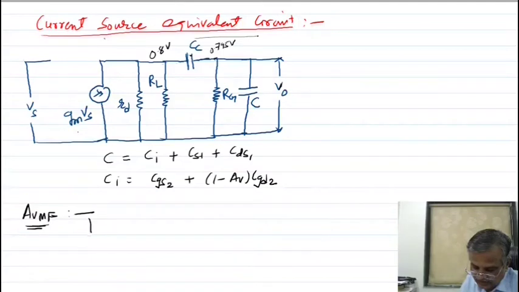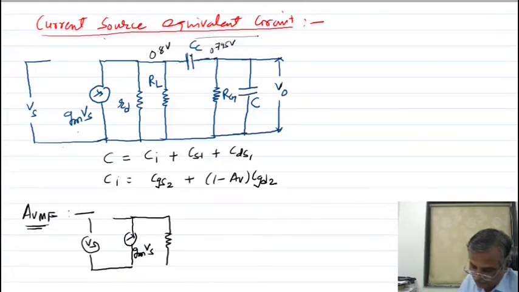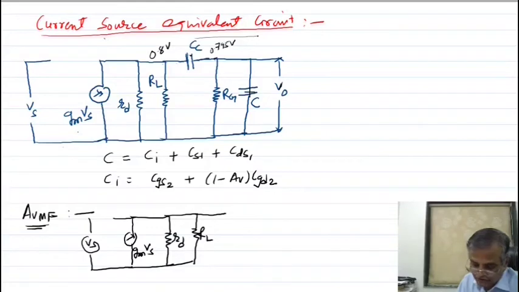The equivalent circuit for mid frequency is shown in figure. RD, RL. This behaves as a short circuit because no effect. This behaves as an open circuit.